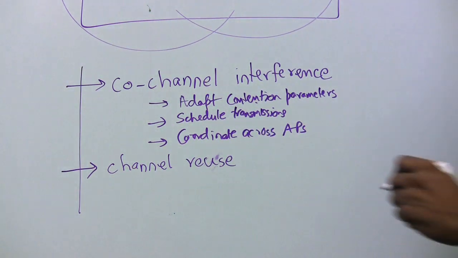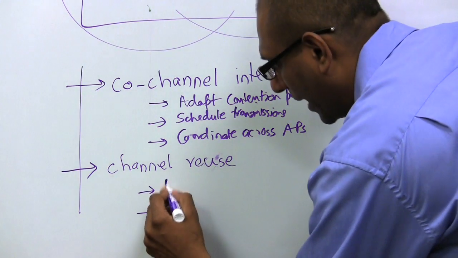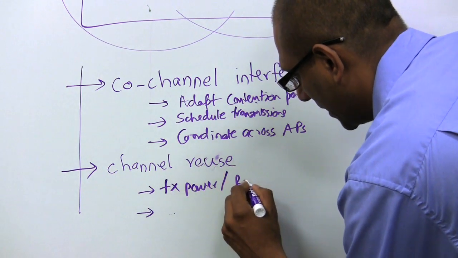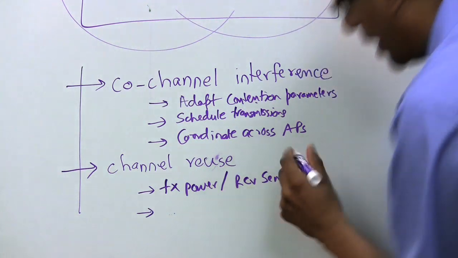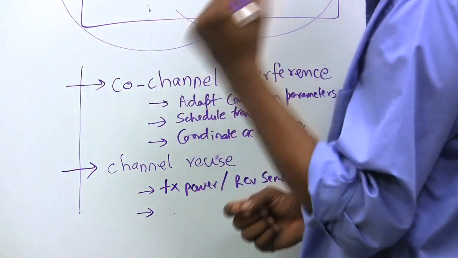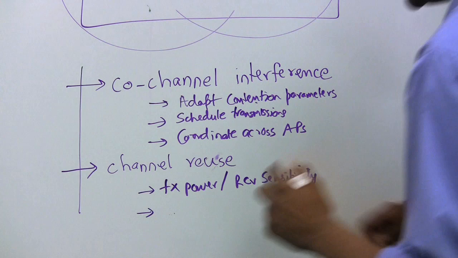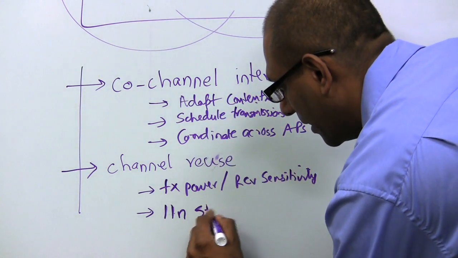In terms of channel reuse, there are two key issues. The first one is, how do you adapt the transmit power and the receive sensitivity? In other words, how do you adapt the characteristics of an individual packet transmission on a link in order to maximize simultaneous transmissions? And the second, how do you leverage some specific capabilities of the standard in order to further enhance this?